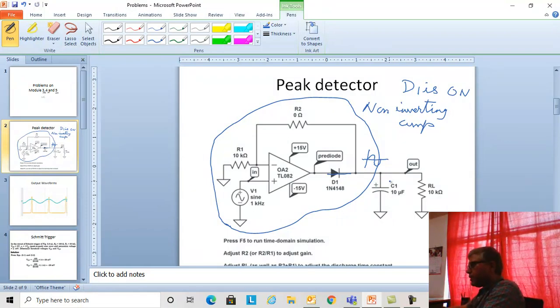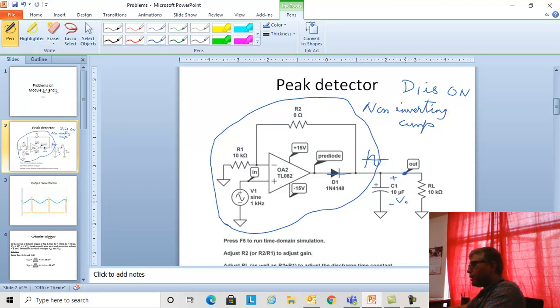Once the diode is on, the capacitor starts charging. We have a load resistance, but don't consider the load resistance as of now. Just consider that you have an open pin here, no load, under no load condition. Your capacitor is charging towards the peak value of the voltage given by the diode. Once the peak value is reached, VC will be at peak.